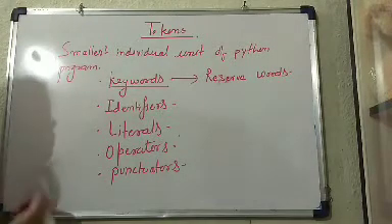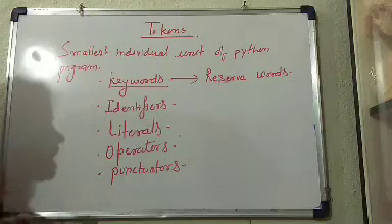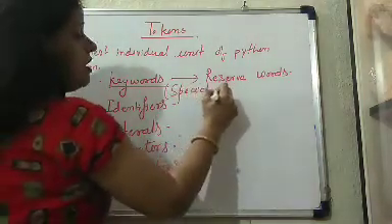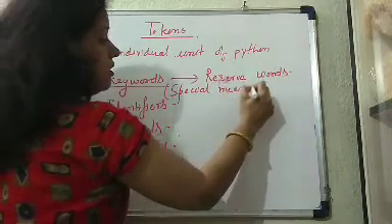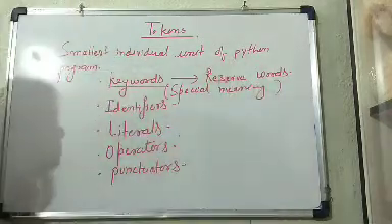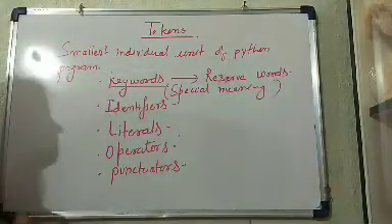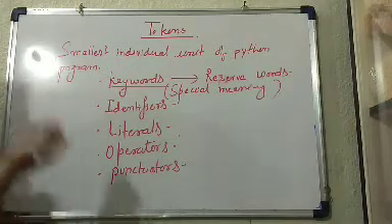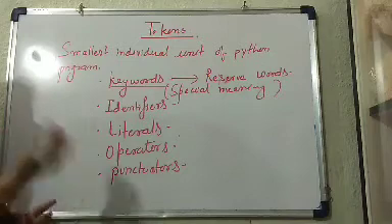So they have a special meaning for the program. Clear? The reserved words, keywords, have their meaning already defined in the program, and whenever the keyword comes, it is replaced by that meaning.